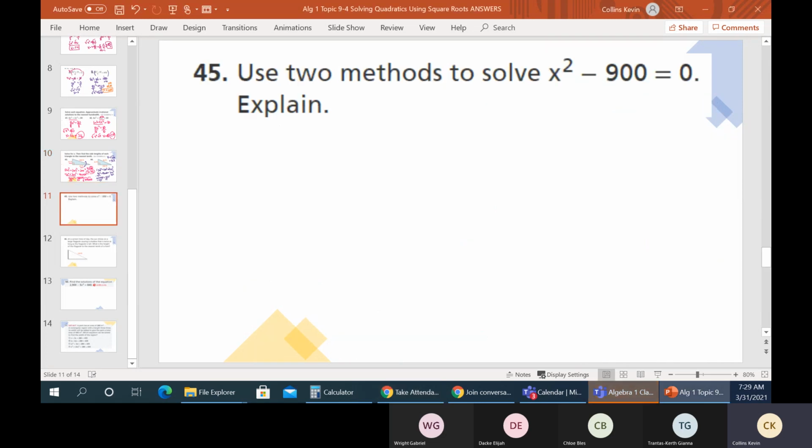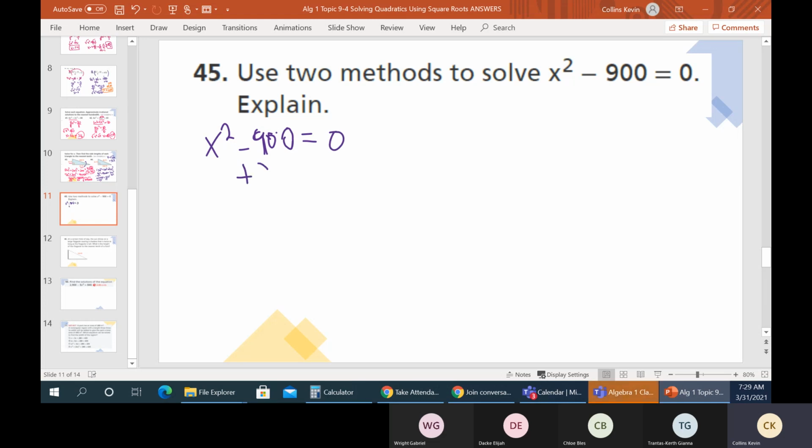All right, it says use two methods to solve x squared minus 900 equals 0. All right, method 1. Just do like we've been doing, right? So we got x squared minus 900 equals 0.